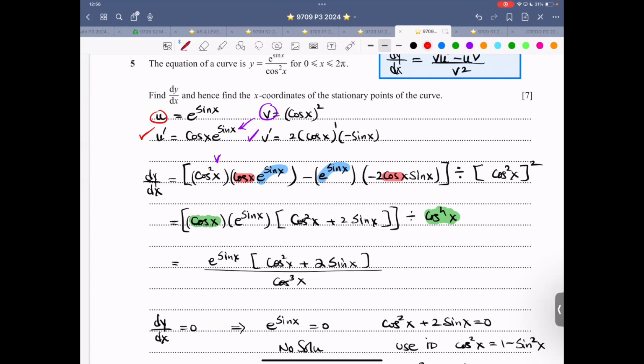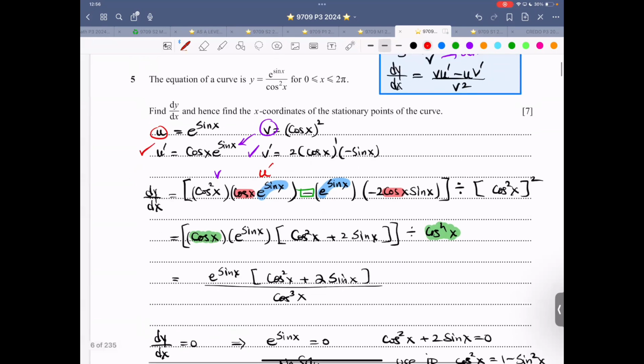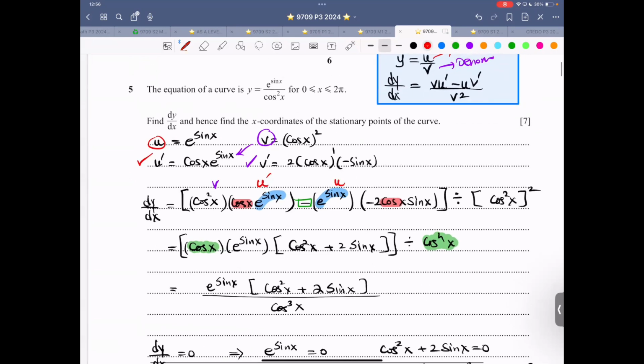And over here, this is u prime. There is a negative sign in the middle, and this is u, and this is v prime. And instead of writing one on top of the other, which causes trouble, I have written v square on the side.